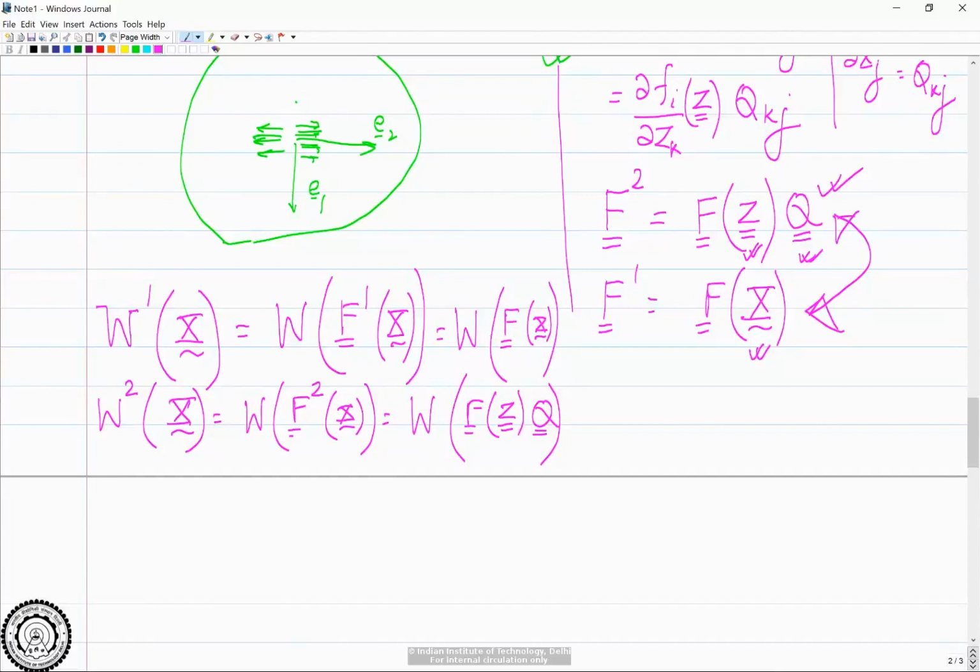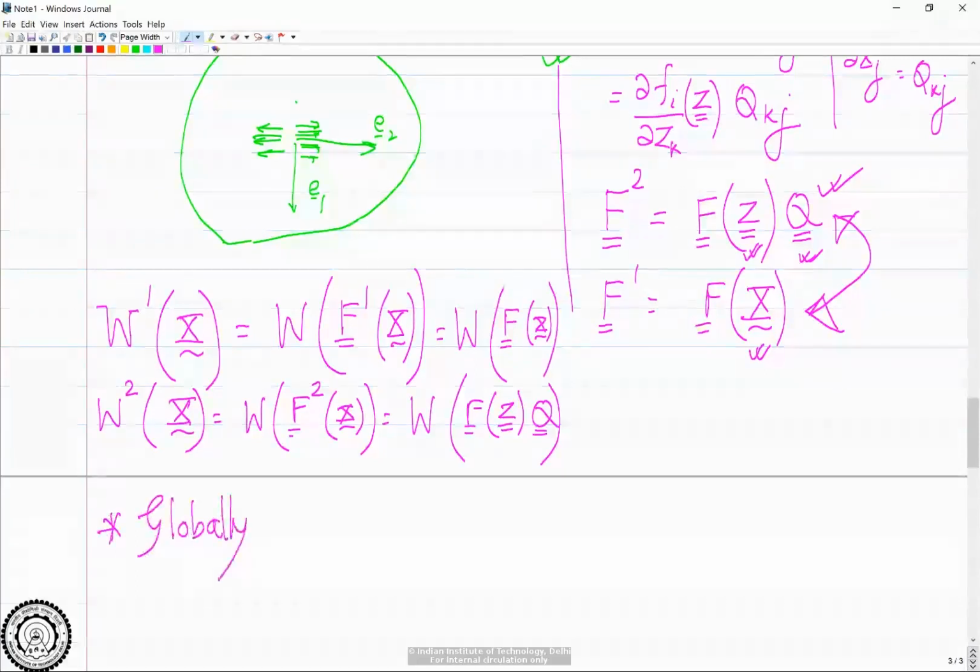Contrast this with the objectivity. In objectivity, the energy stored at corresponding points was the same, isn't it? But here, the energy stored at corresponding points is not the same. And you could also see that the overall configuration was also different.